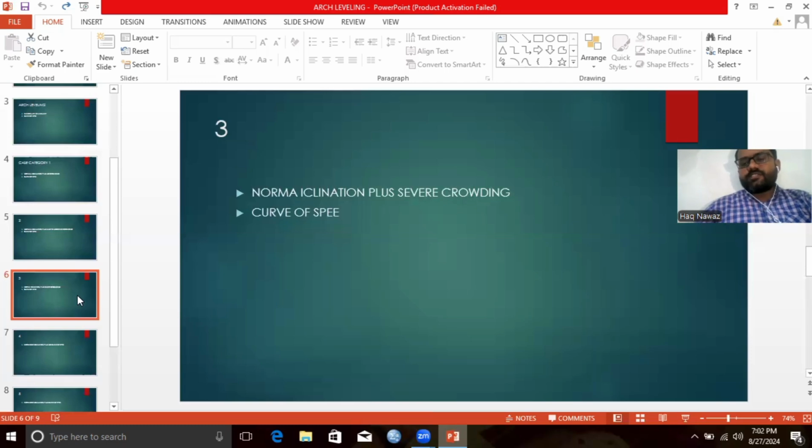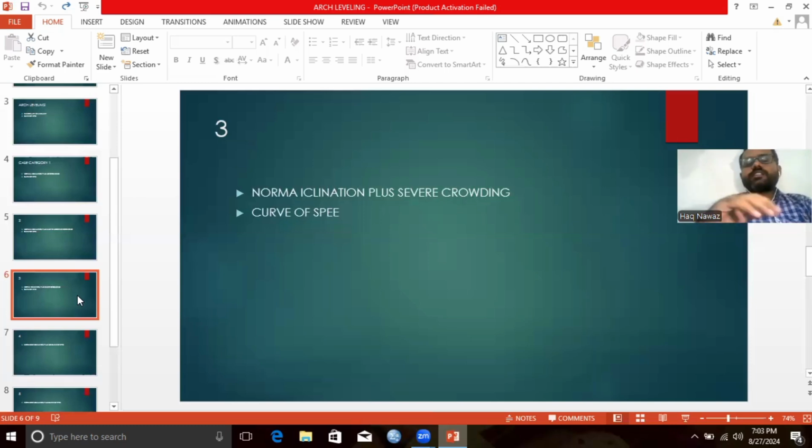You start retraction of canines into the extraction space. It will take some time, 3 to 6 months for canine retraction. After the canines are retracted, now your case is converted towards the first category. That means that crowding has been resolved. Now you place brackets on the incisors, align them into a separate segment, and align the right and left sides of the posterior arch in separate segments as I have shown.